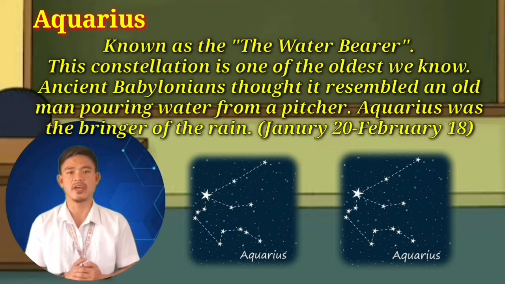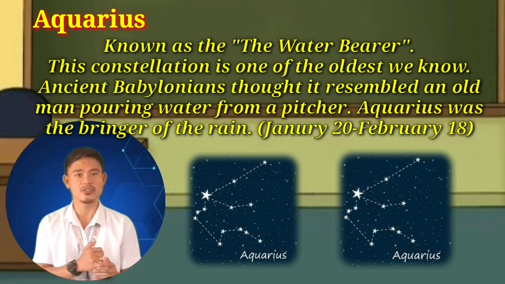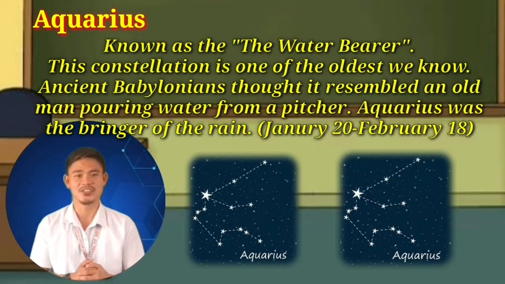This meant to them that Aquarius was the bringer of the rain. That's why it's called the water bearer. Take note, Aquarius is the water bearer. And if you were born between January 20 to February 18, your zodiac sign is Aquarius.